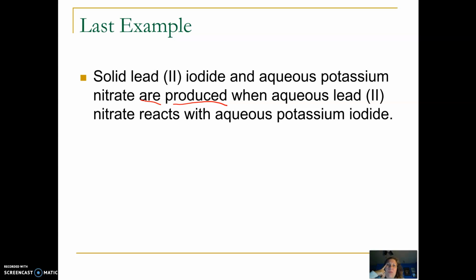I might have one multiple choice going from words to problems, but it's not the most important thing. "Are produced" means lead iodide and potassium nitrate are our products, and lead nitrate and potassium iodide are our reactants.